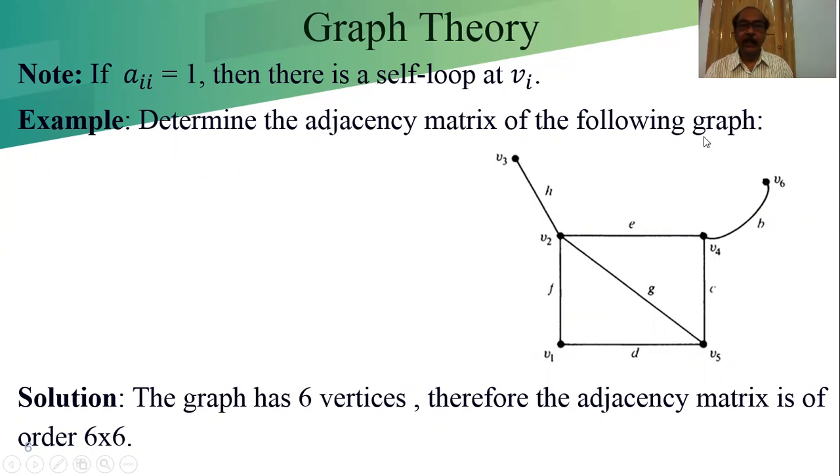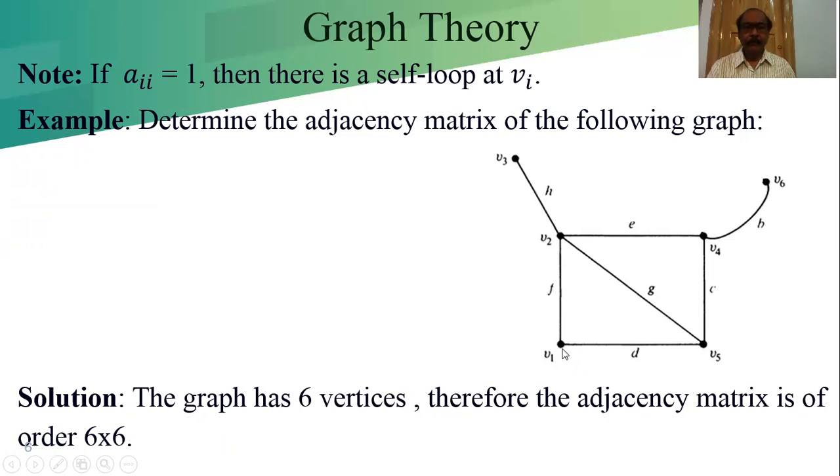Determine the adjacency matrix of the following graph. This graph is given. From that we have to find out the adjacency matrix. How many vertices does the graph have? 4, 5 and 6. In total, 6 vertices. Therefore the adjacency matrix is of order 6 cross 6, a square matrix, and it must be a symmetric matrix.